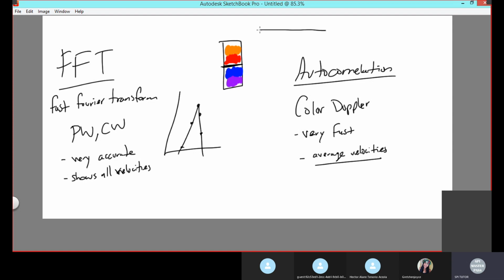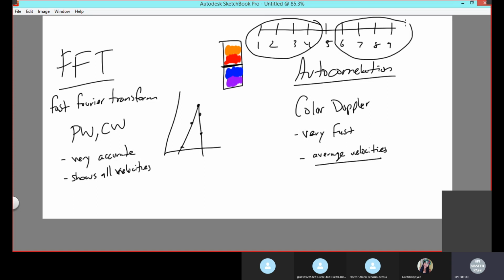So imagine that you had a number line. 1, 2, 3, 4, 5, 6, 7, 8, 9. Imagine the machine said, you know what, I'm going to take these guys, and I'm going to take these guys.